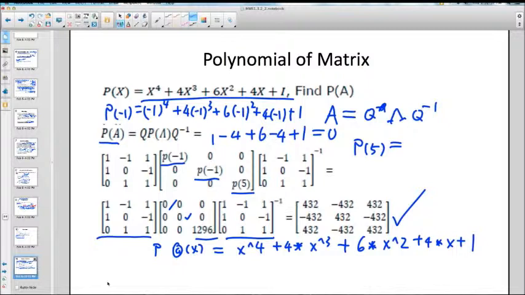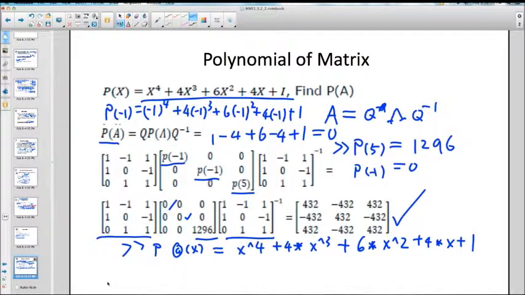That's the polynomial. Then you call it with this command, P of 5, and it returns this. And P of negative 1 returns 0.